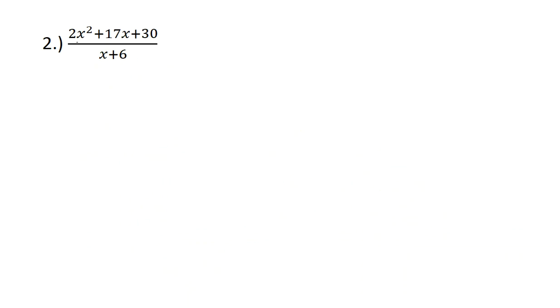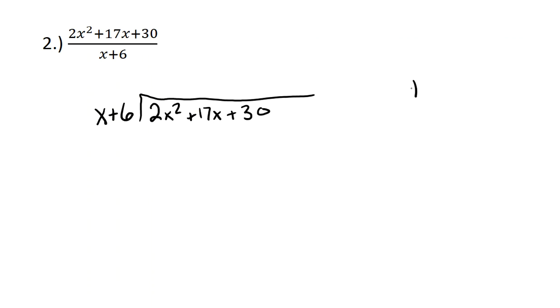So what's going to happen is I have 2x squared plus 17x plus 30 divided by x plus 6. What you're going to do is you're going to set it up the same way. The divisor goes on the outside and the numerator goes underneath. Now there's a few special things that happen here, but very similar. I'm going to do division, multiplication, and then subtraction.